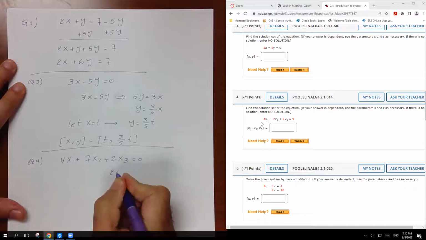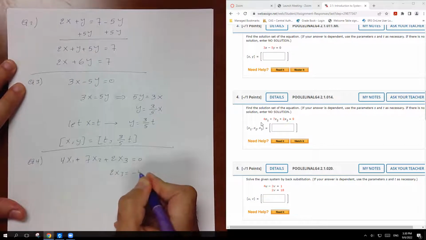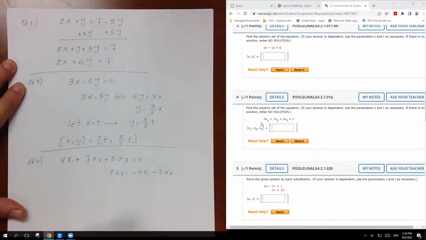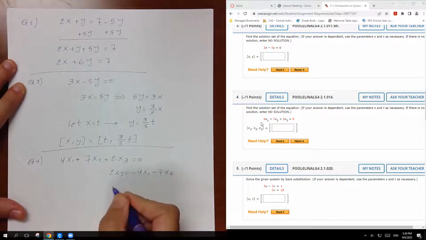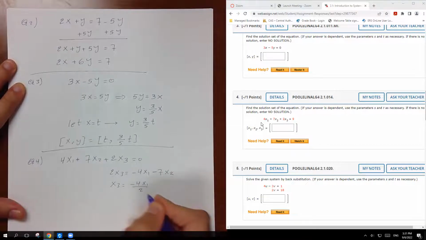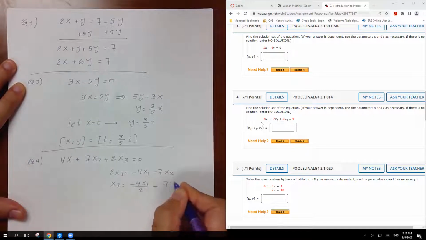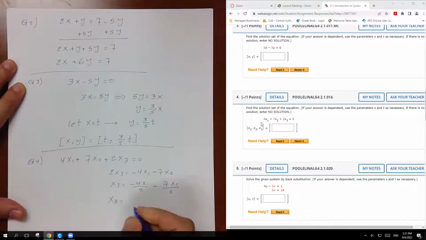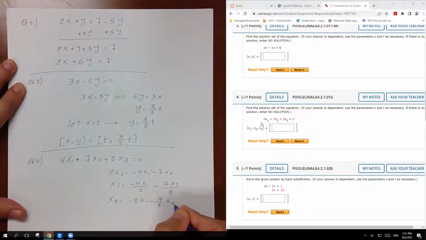So 2x3 is going to be equal to negative 4x1 minus 7x2. Then divide by 2. So x3 is going to be negative 4x1 divided by 2 minus 7x2 divided by 2. That means x3 is going to be negative 2x1 minus 7 over 2 x2.